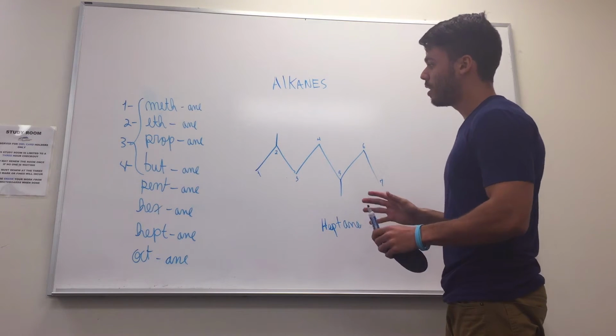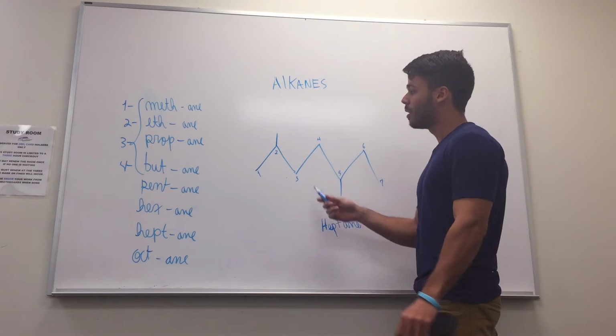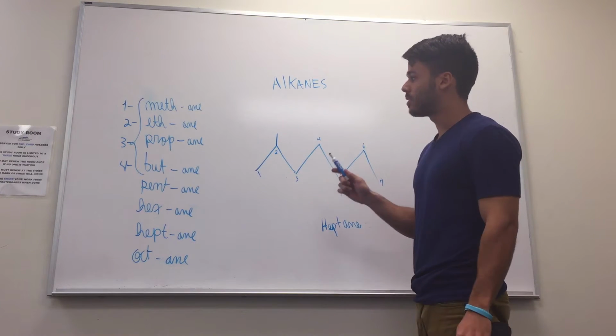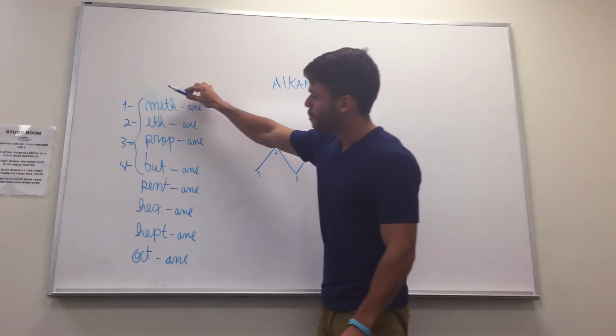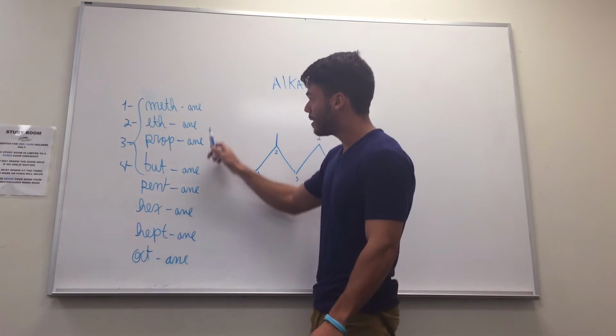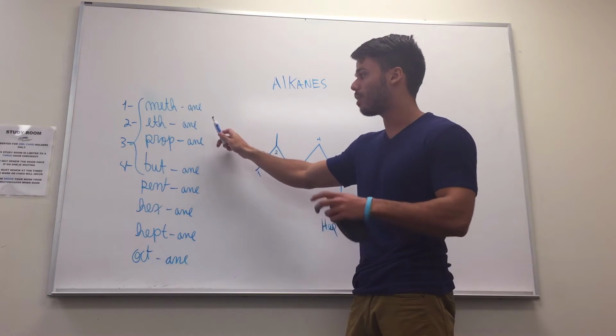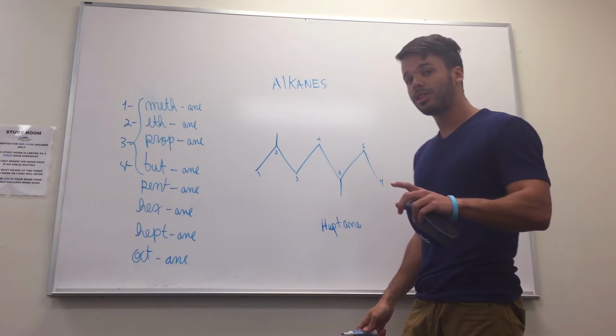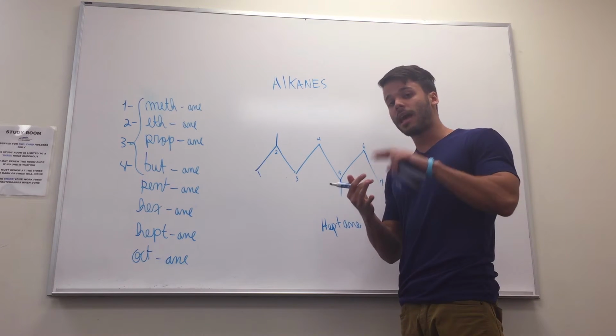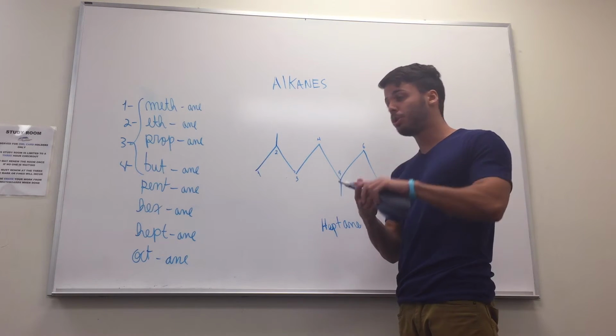Now, it's kind of interesting how this all comes together, because when it comes to substituents, you're actually using pretty much the same pattern, except instead of calling it a methane or an ethane or a propane or a butane, you're actually calling it a methyl, ethyl, propyl, and butyl.